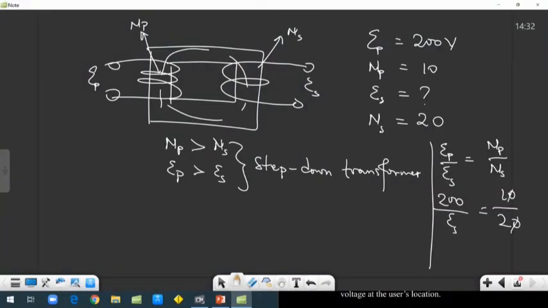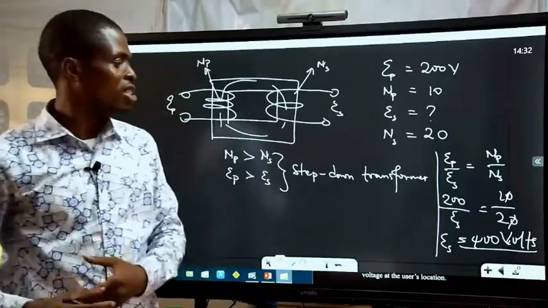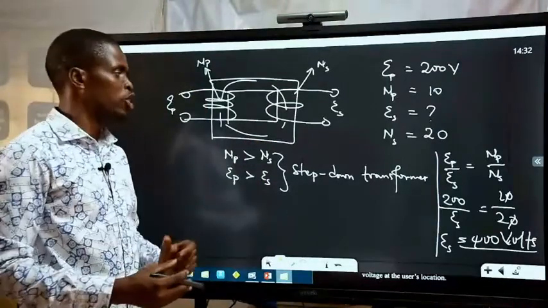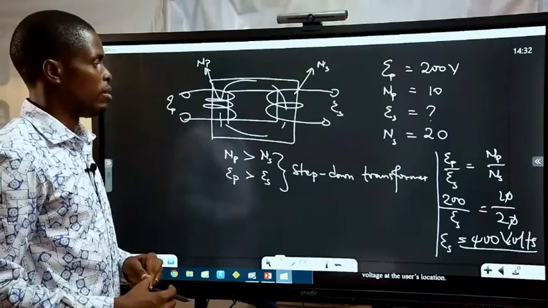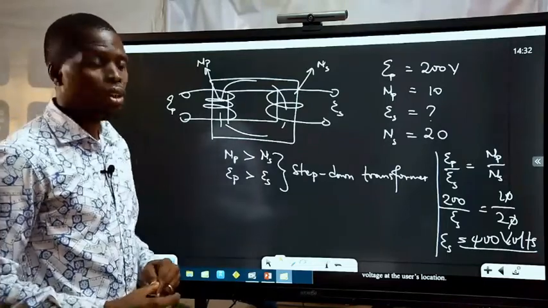When we cross multiply, our voltage at the secondary will be equal to 400 volts. So we have from 200 volts to 400 volts. That means the transformer is stepping up the voltage of the supply from what we have at the primary input of the transformer.